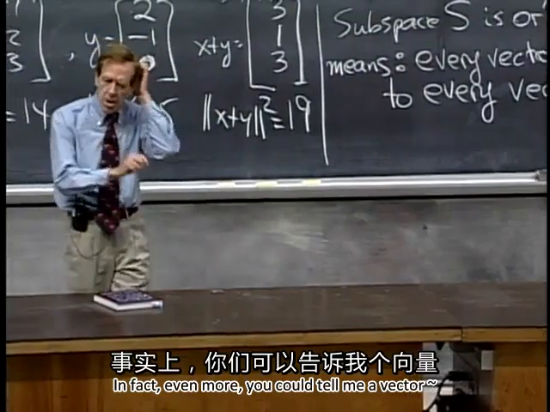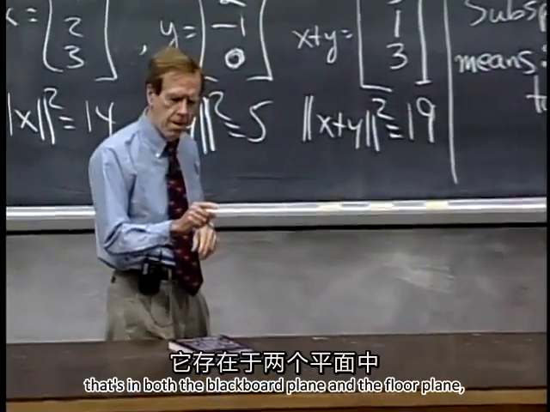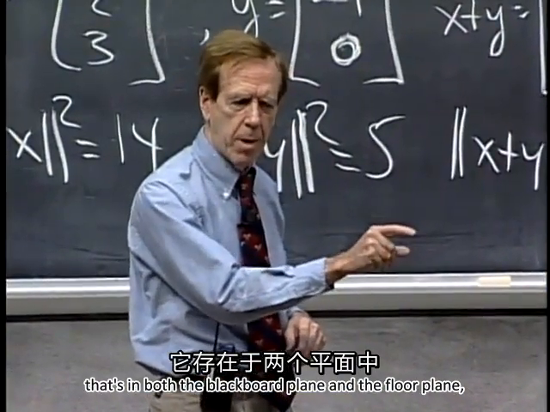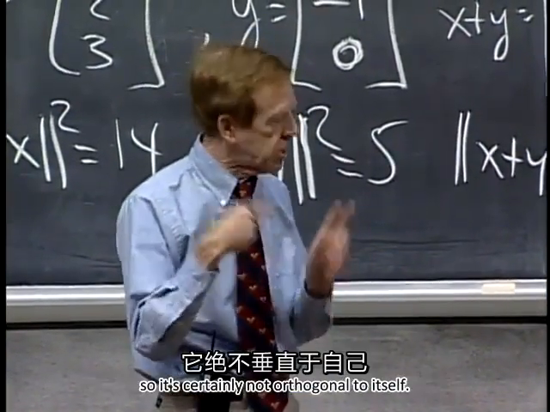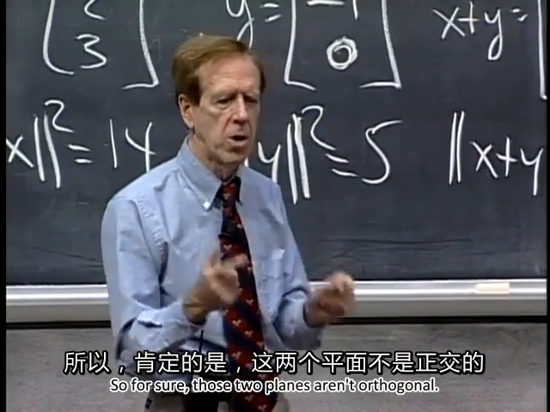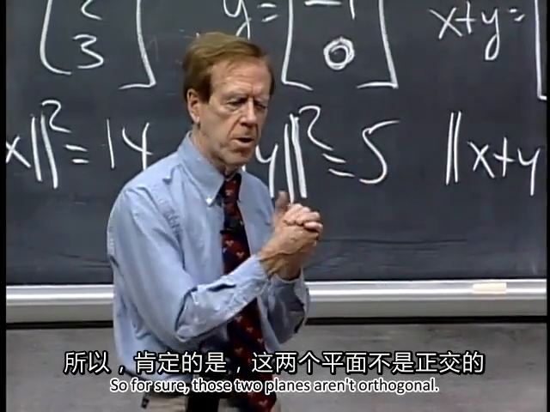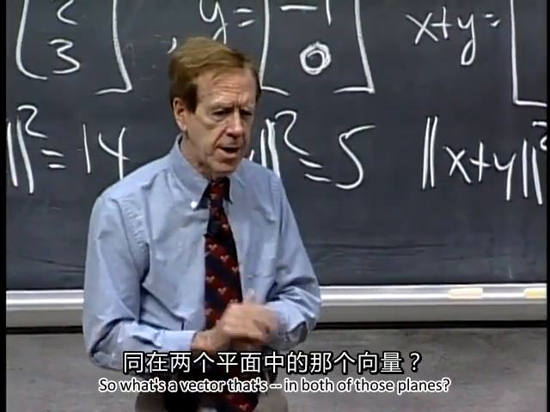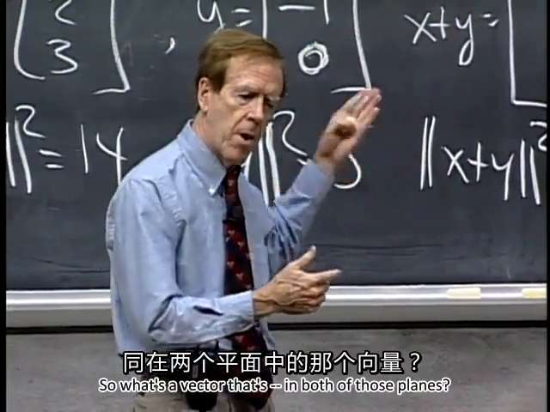In fact, even more, you could tell me a vector that's in both the blackboard plane and the floor plane, so it's certainly not orthogonal to itself. So for sure, those two planes aren't orthogonal. What would that be? So what's a vector that's in both of those planes?